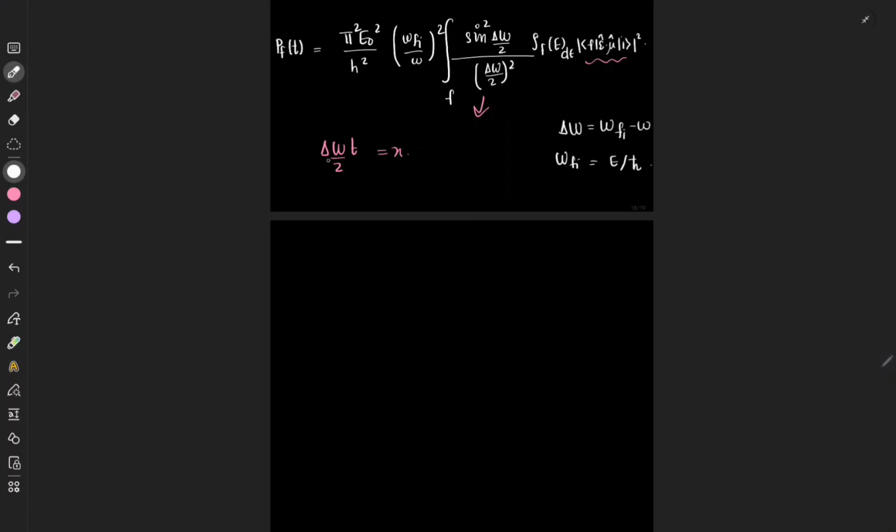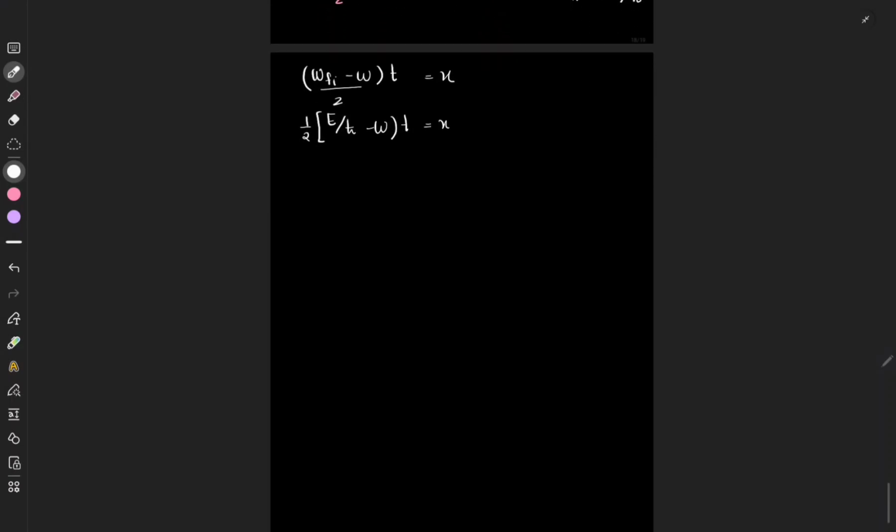So I'm just substituting: delta omega by 2 times T is equal to x, with 1 by 2 common, E by h cross minus omega times T is equal to x. Now to take dE of it, dE is nothing but 2h cross by T dx.